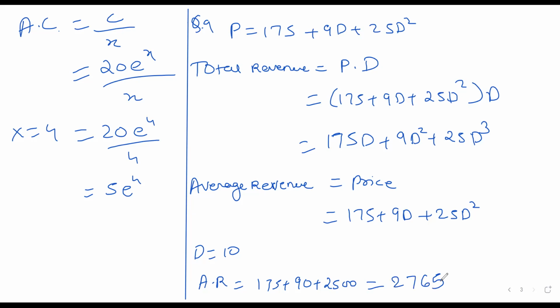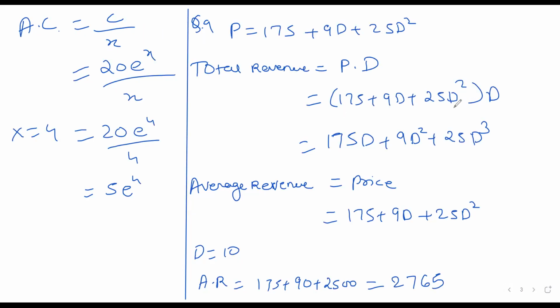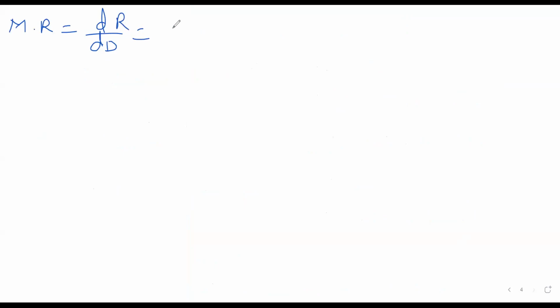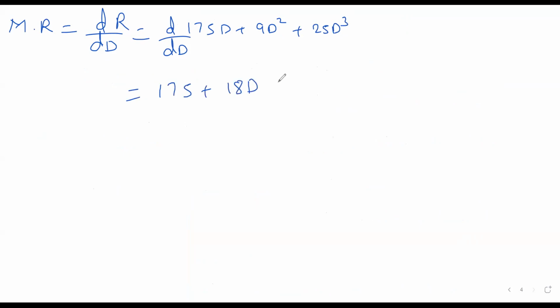Now we have to find marginal revenue. Marginal revenue is first order derivative of the revenue function. Total revenue is this, 175D plus 9D square plus 25D cube. So d/dD of 175D plus 9D square plus 25D cube is 175 plus 18D plus 75D square.